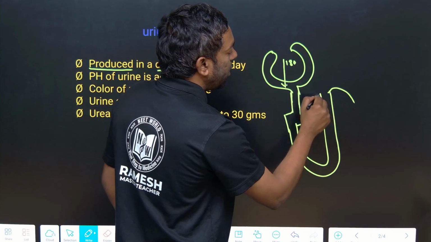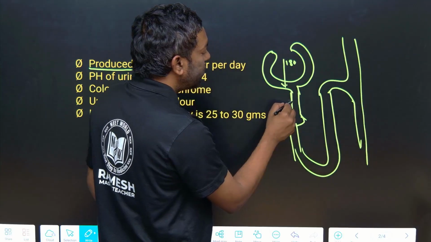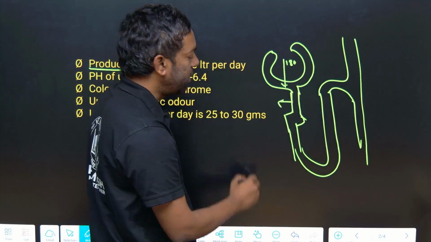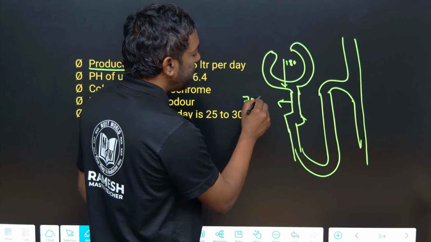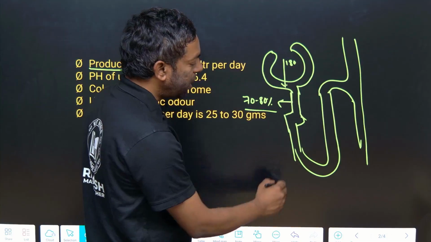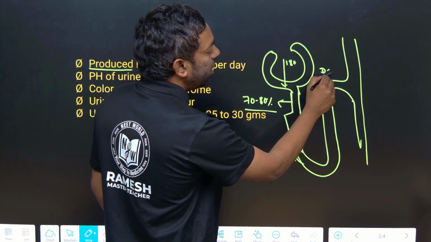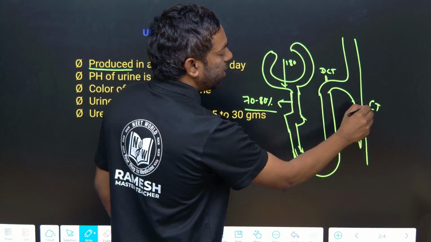Reabsorption is going to take place in each part. 70 to 80% reabsorption takes place in the PCT, and then in the Henle loop, DCT and collecting duct.